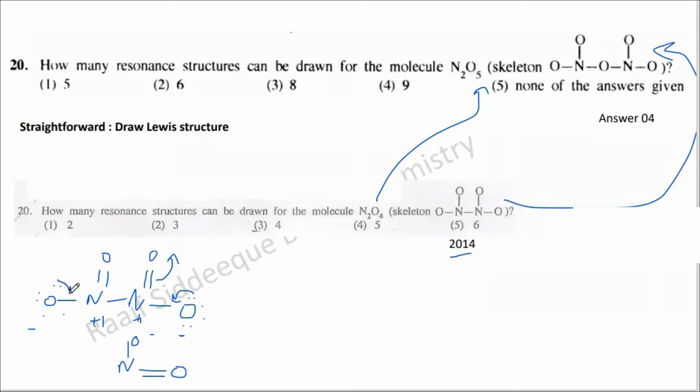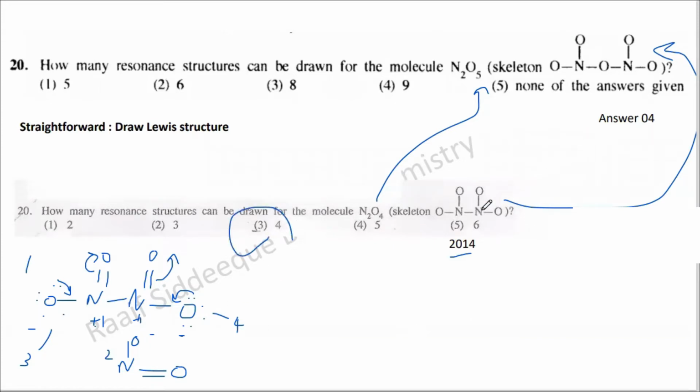So this would be the first structure, this would be the second, and this resonance would give another structure. The fourth one will be these two oxygens giving and these two breaking. I drew these four structures last time, so N2O4 has four structures.